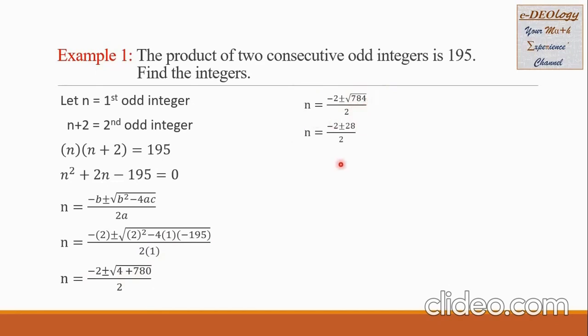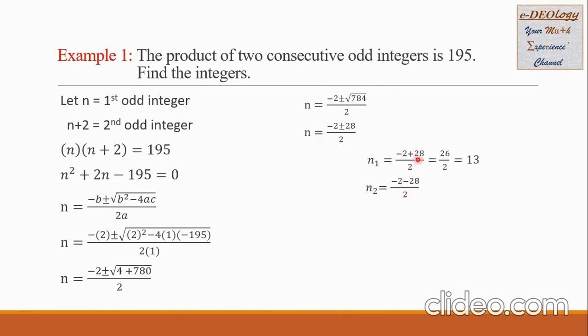And from this point, we are going to split the plus and minus sign. So we will have two values for n. The n sub 1, and that is negative 2 plus the 28 all over 2. And the n sub 2, now using the negative sign, negative 2 minus 28 all over 2.